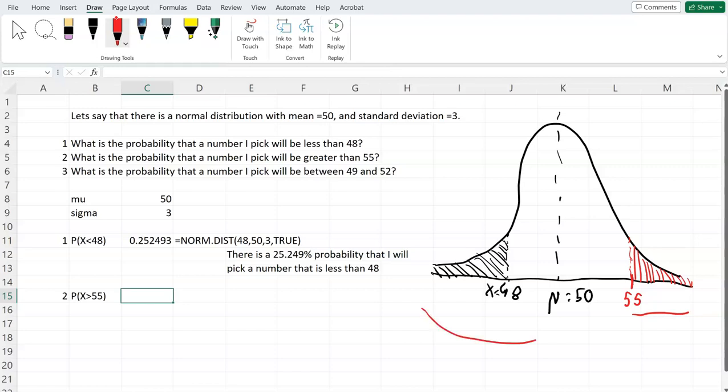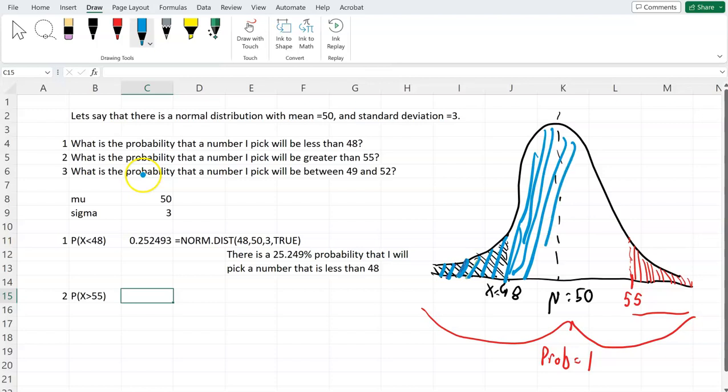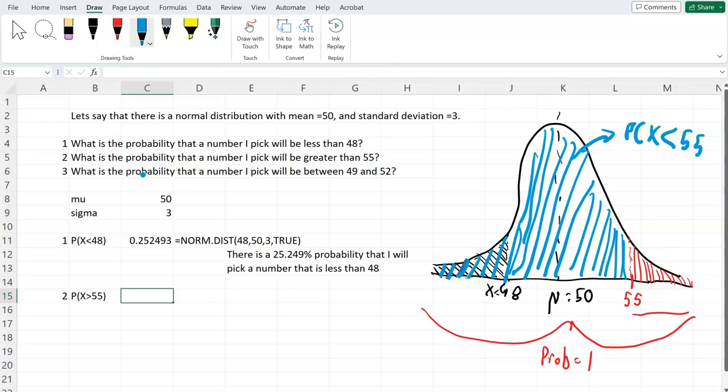So the area of the whole region, no matter what the normal distribution is, equals 1. Excel will give me the area of this blue region, which is the probability of x being less than 55.